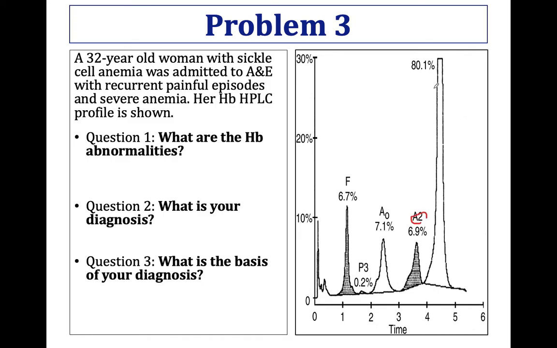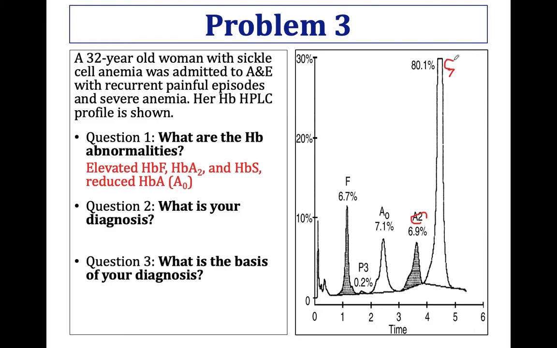I think they meant by this, maybe hemoglobin, I don't know what they meant because they didn't write it. Let's see. Yeah, here you will have hemoglobin A2, F, hemoglobin S. Okay, good.